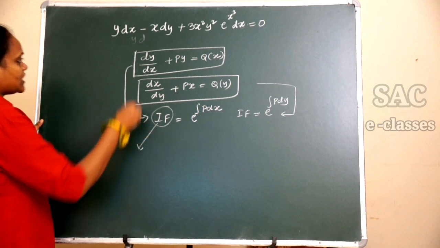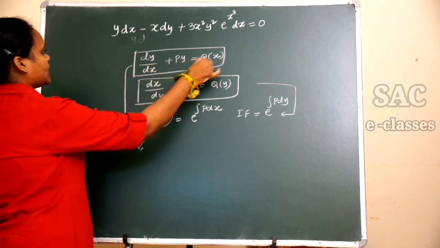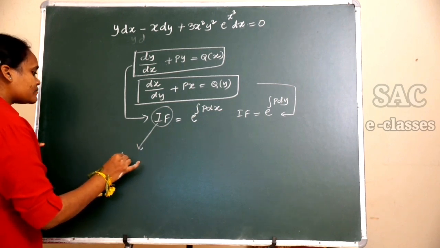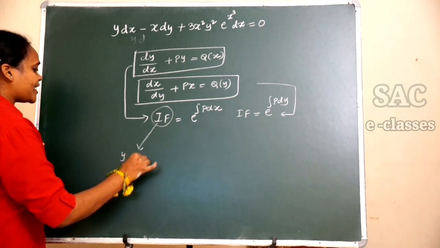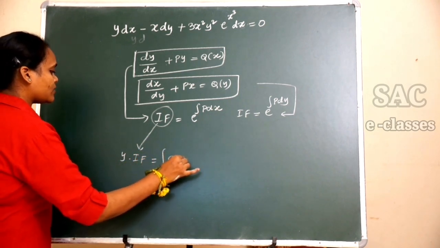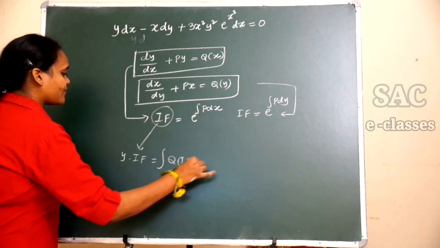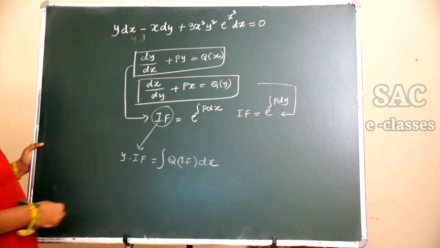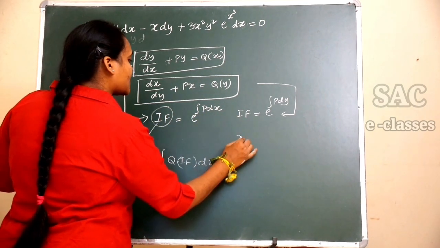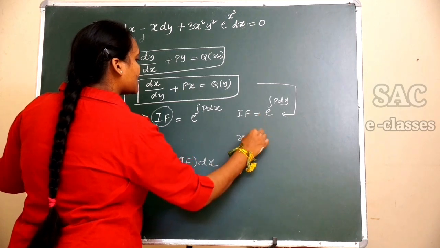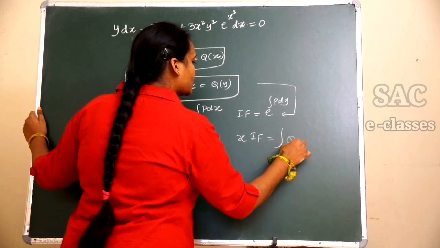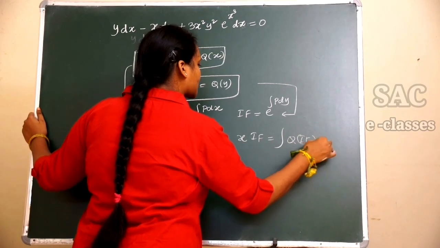For the first one, that means dy by dx plus py equal to q of x, the solution can be taken as y into the integrating factor is equal to the integration of q into the integrating factor IF with respect to x. In the same way, here x into the integrating factor is equal to the integration of q into the integrating factor with respect to y.